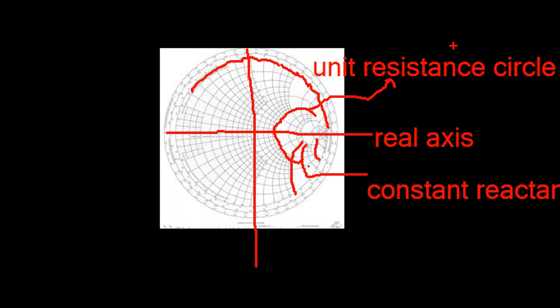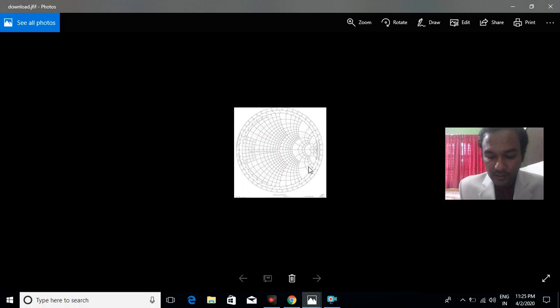Now suppose you want to plot or mark an impedance point on the complex plane. Suppose I need to mark a point here, which is above the real axis, and you can see it's on a constant resistance circle and also on a constant reactance circle.